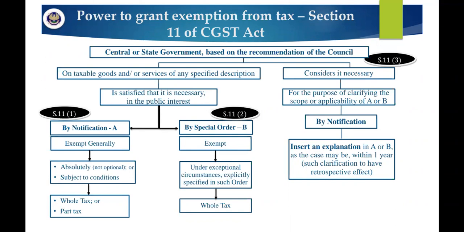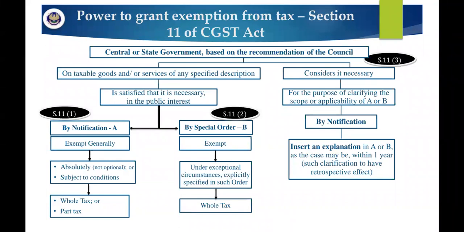The central or state government, on the recommendation of the council, which is said in section 11 subsection 3, will discuss with the GST council, right? As the GST council has various members, there are various bodies constituted, right? With the discussion with the various members, central and state governments, based on the recommendation of the council, will classify two things.